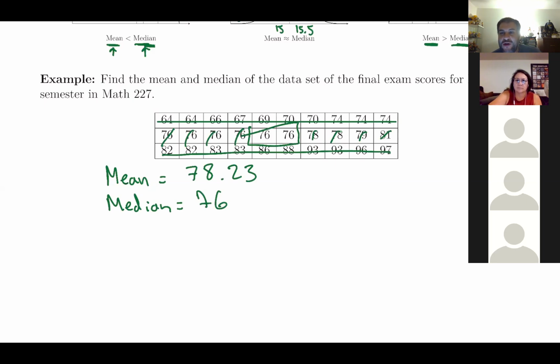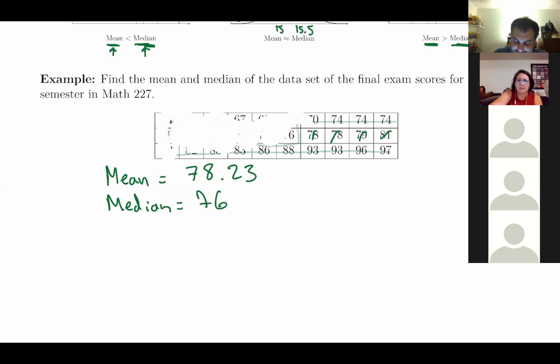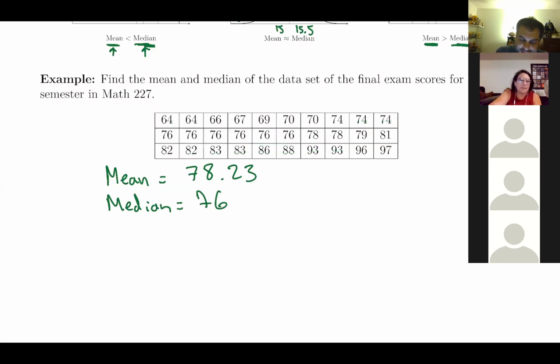For the mean, in order to calculate the mean, you add up all the numbers and then divide it by however many numbers we have. In this case, what's our sample size? 30. For this one, is this a sample or is this the population? Yeah, good.